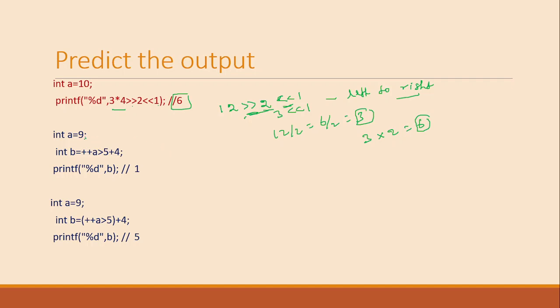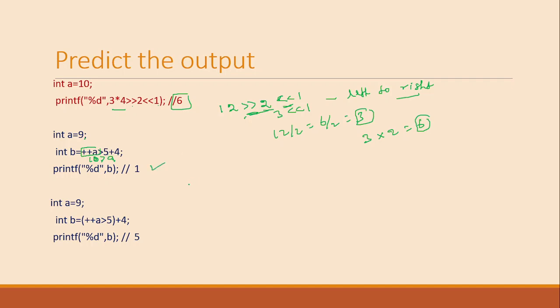Now when I apply here 9, we can see that plus 9 is equal to 10. 10 is greater than 5 plus 4, which is 9. The pre-increment operator has the highest precedence, so 10 greater than 9, the condition is true, so it results in 1.